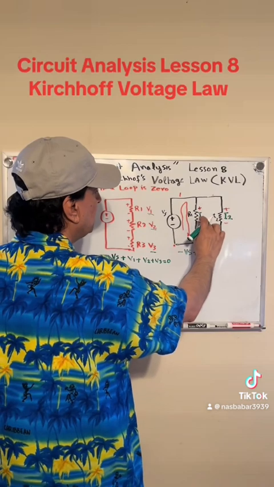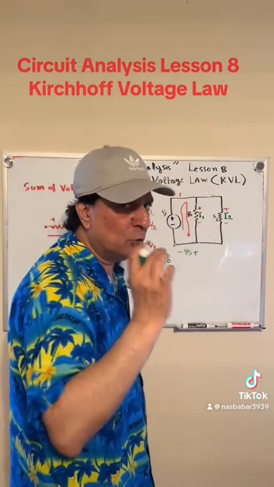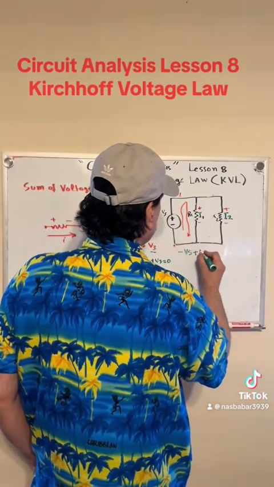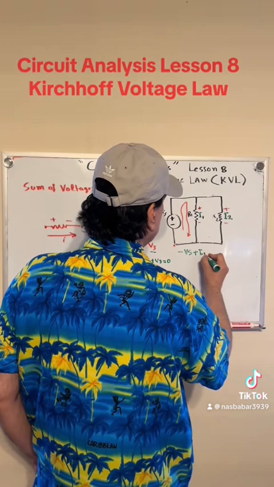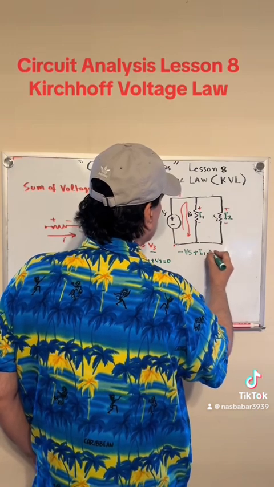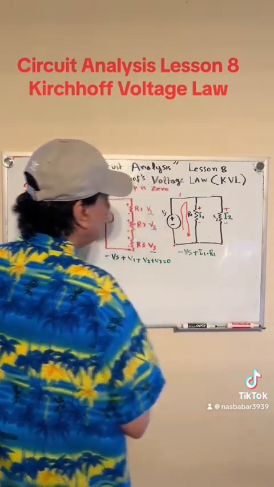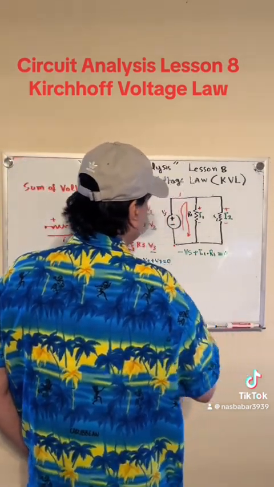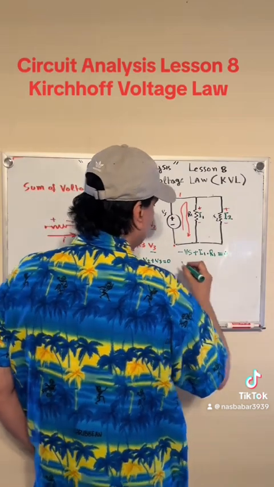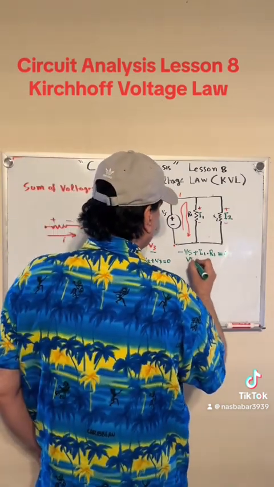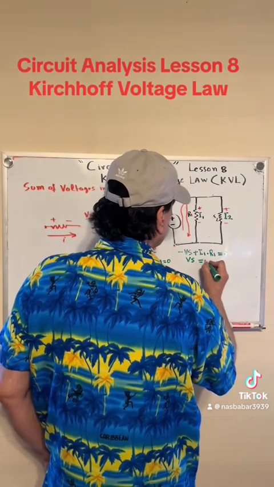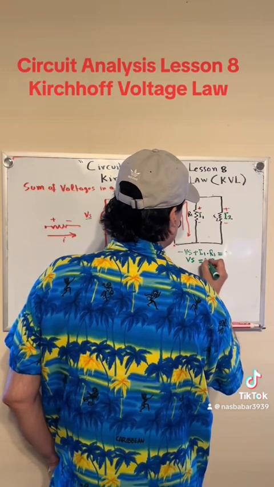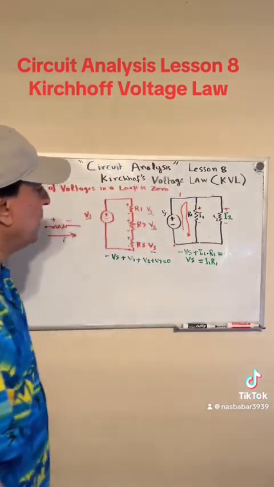I've got current I1 and resistor R1. Applying Ohm's law, V is equal to IR, so that's going to be I1 times R1, and that is equal to 0. Then I can say easily, using algebra, V sub S is equal to I sub 1 R1. So that's my loop number 1.